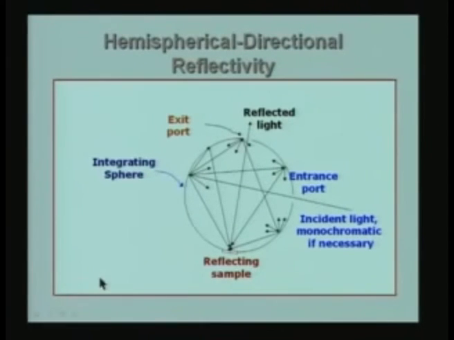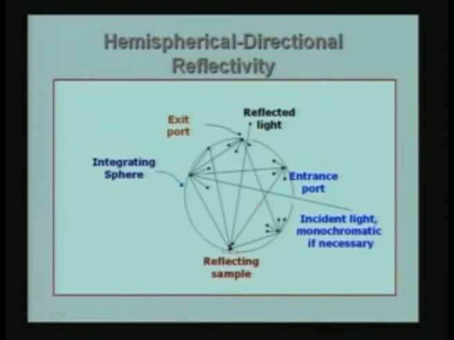Actually, by the name integrating sphere, it is a spherical shaped chamber. So, I have just shown it as a circle here, and it has got an opening for light to enter. And what happens when the light enters the integrating sphere?